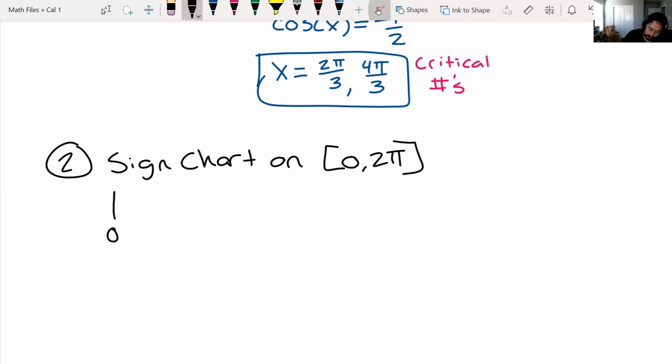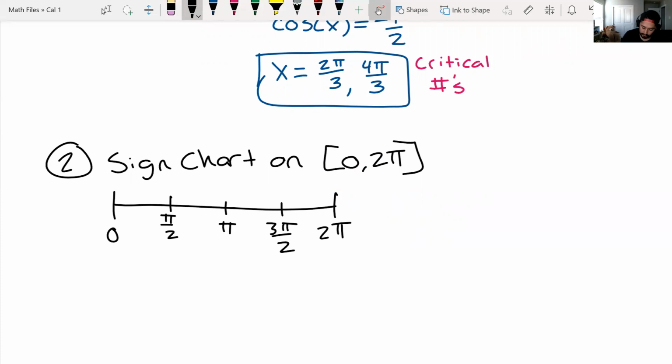So here's 0, and here's 2 pi. Okay, which means that 2 pi over 3, actually I'm just going to write values on the unit circle. So 0, next is pi over 2, next is pi, and next is 3 pi over 2.